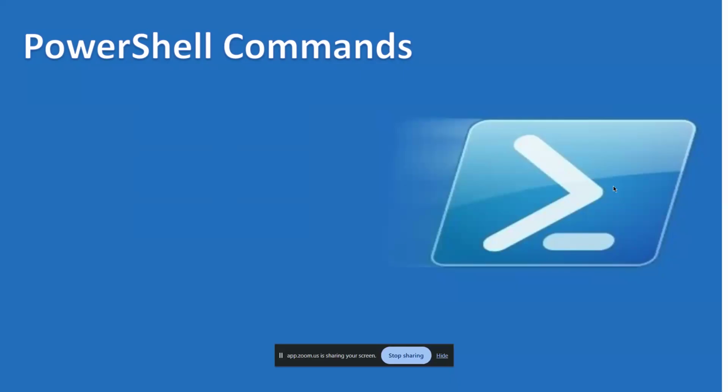We cannot provide any text message to the operating system, like telling it how many files are available in this folder. That will not be treated as a PowerShell command. For a PowerShell command there is a proper syntax that we have to follow.